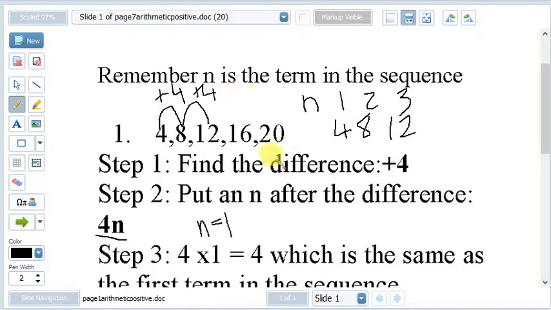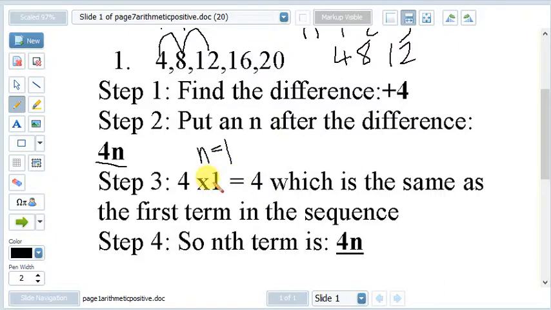So n in this context just means the first term. So 4 times 1 becomes 4, and that is the same as the first term in the sequence, which is 4. So therefore the nth term is 4n.